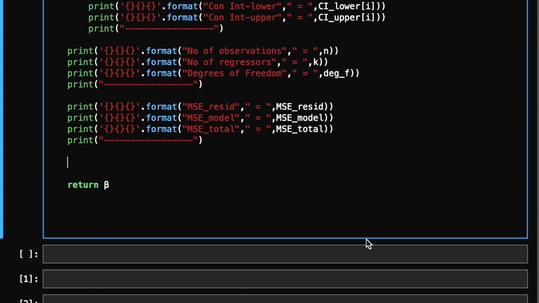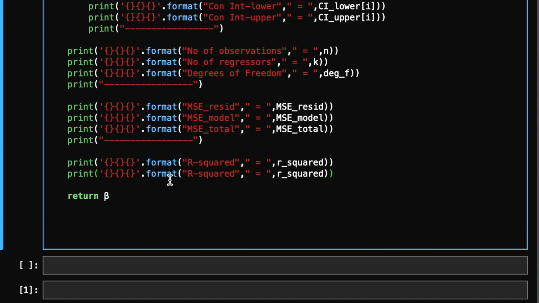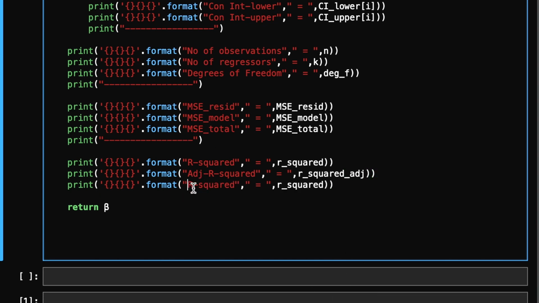And now what remains is the R squared, adjusted R squared, and the F statistic. So let's print those out as well. So we're going to print the R squared, and then the adjusted R squared, and then the F statistic.